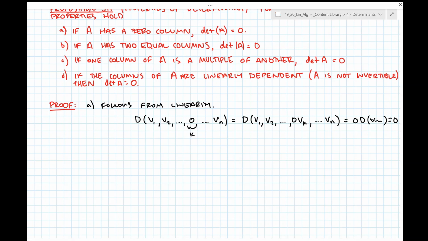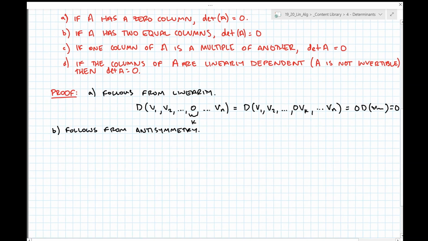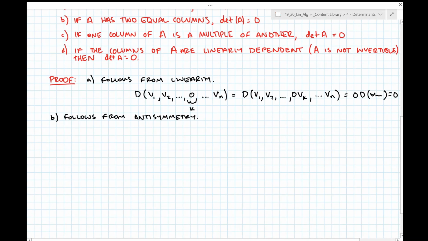Sure. So B actually follows from anti-symmetry. What we mean by that is, okay, we have 2 equal columns. Without loss of generality, which basically means we can pick any 2 that we want, I'm going to say that Vj and Vk are equal.